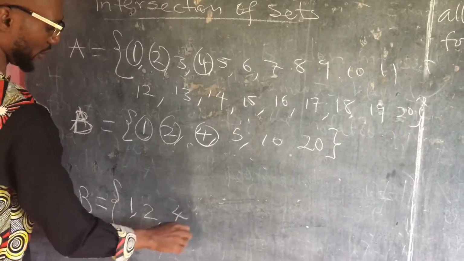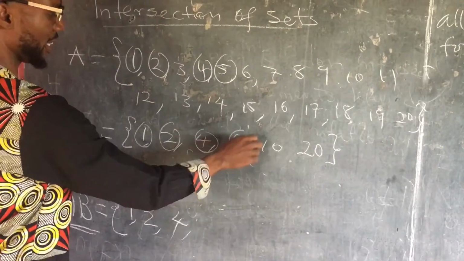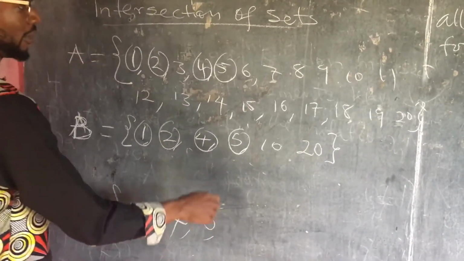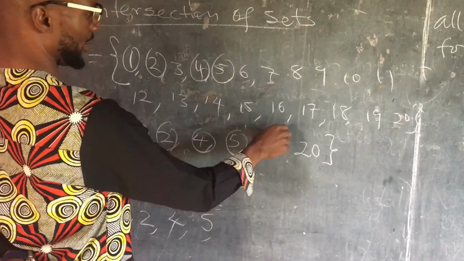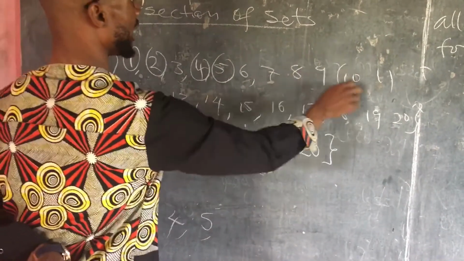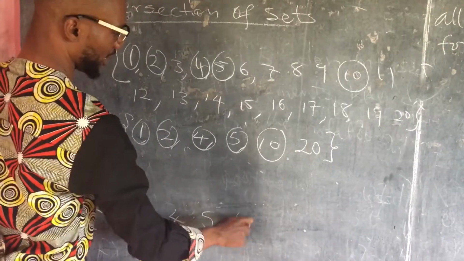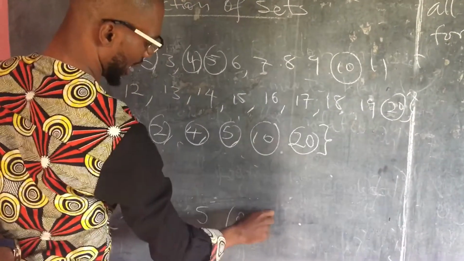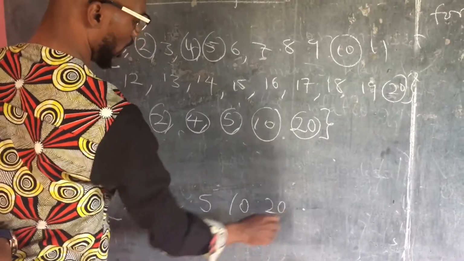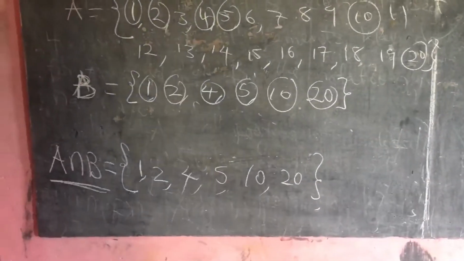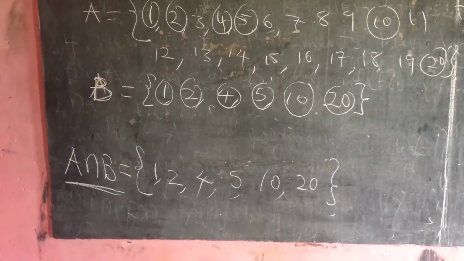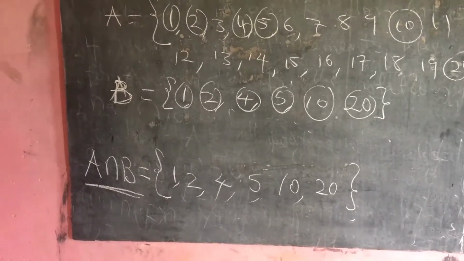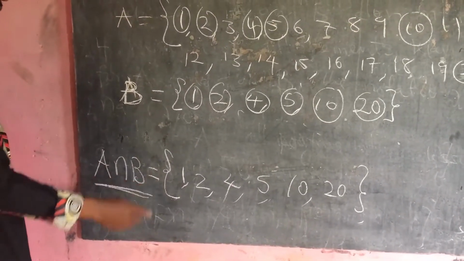So I go write 4. I get 5 for here, 5 dey here. I don write 5. And then I get 10 for here, 10 dey here. So I will write 10. And then I get 20 for here, and 20 dey here. I will write 20. All these ones, they form the elements of that set A intersection B.